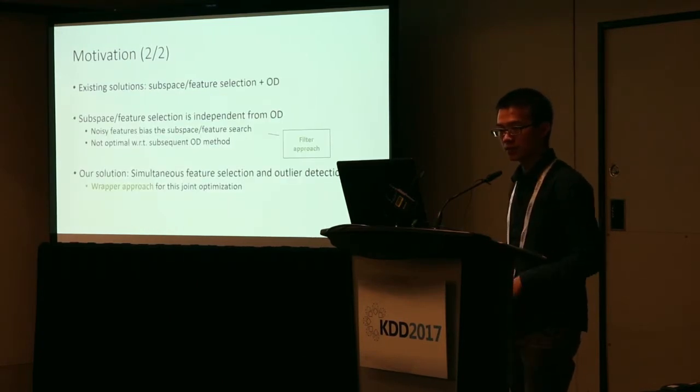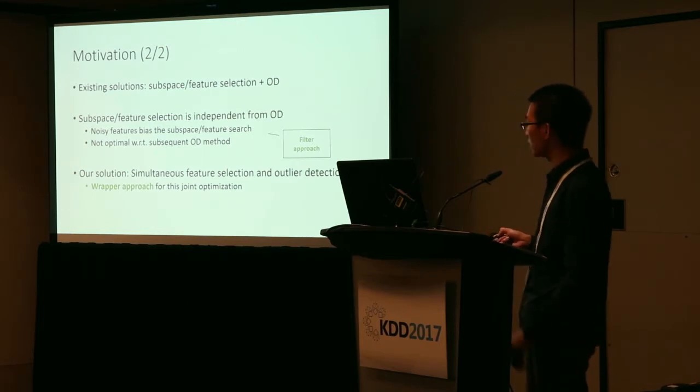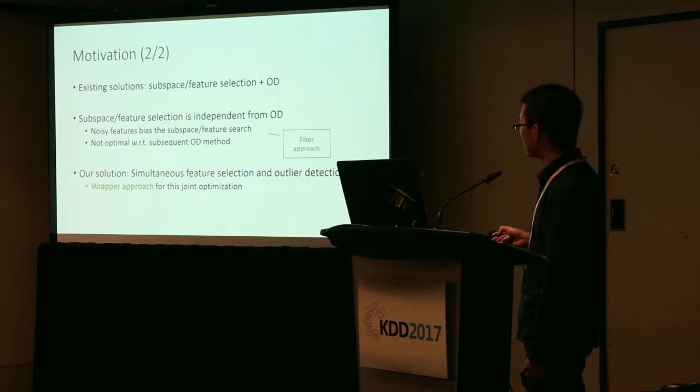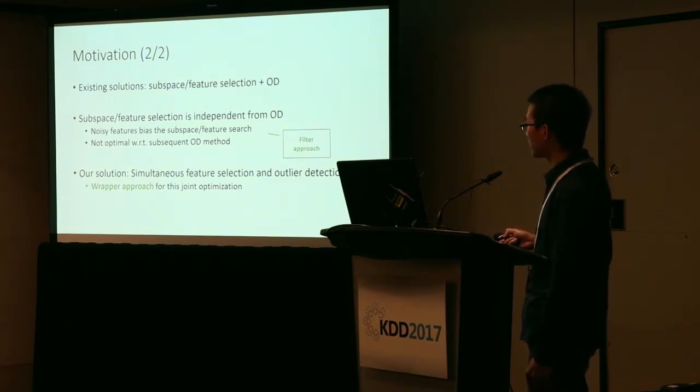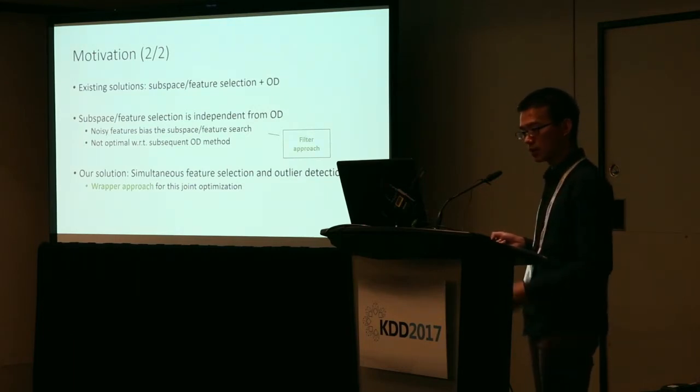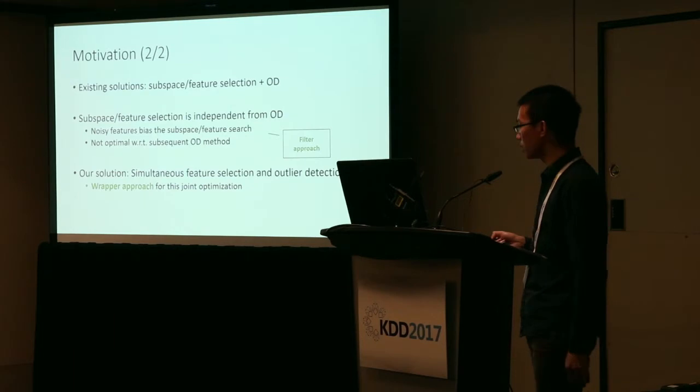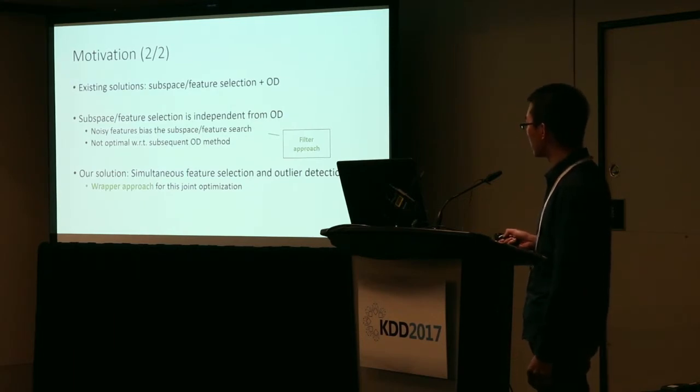So the existing solutions, including the work published in ICDM, are subspace-based or feature selection methods. They are all filter-based approaches, which means they make the feature selection or subspace selection independent from the subsequent outlier detection.